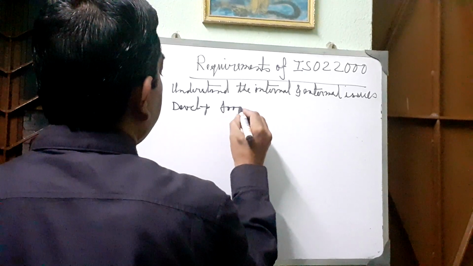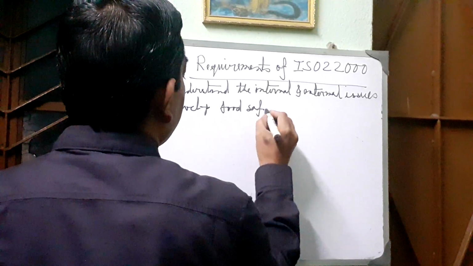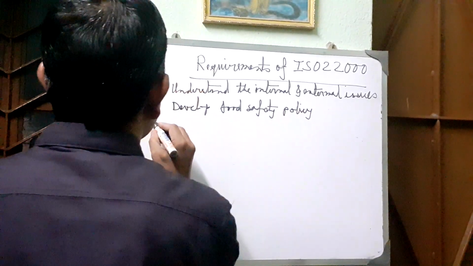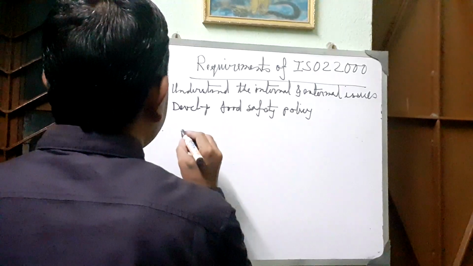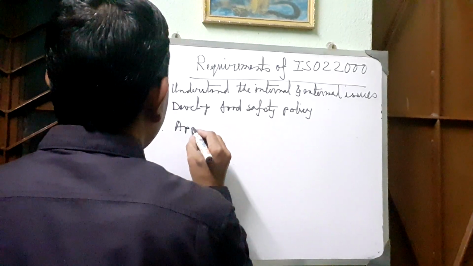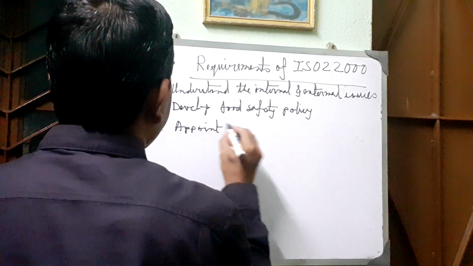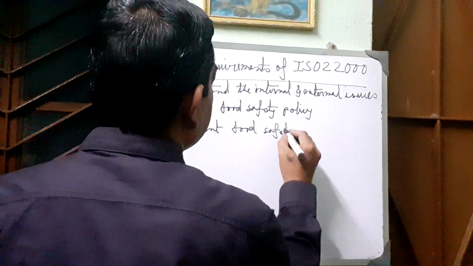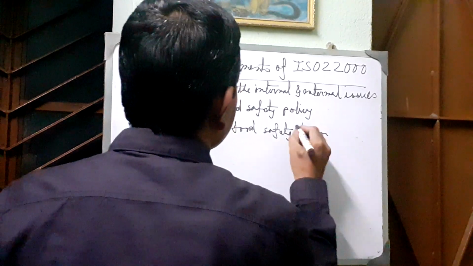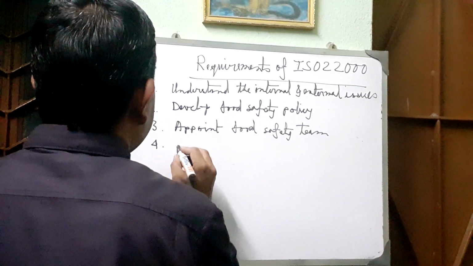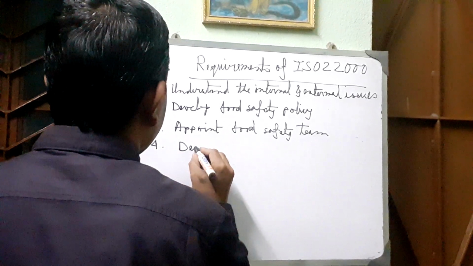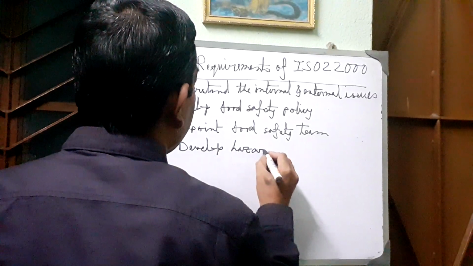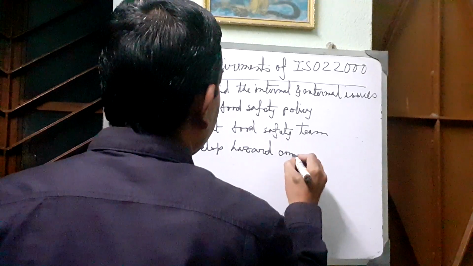The third one is to appoint a food safety team. The fourth one is to develop a hazard control plan.